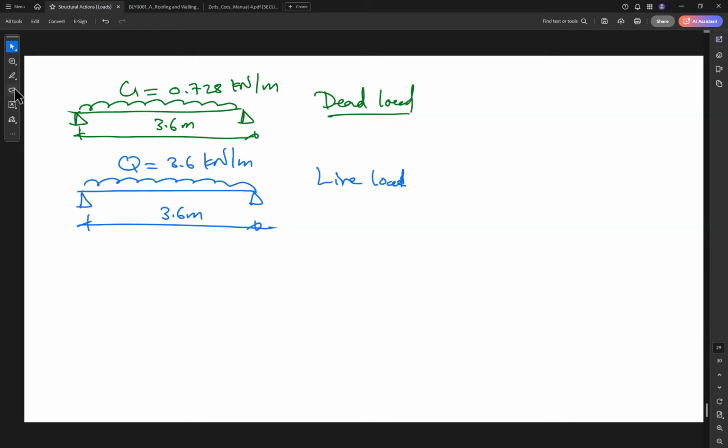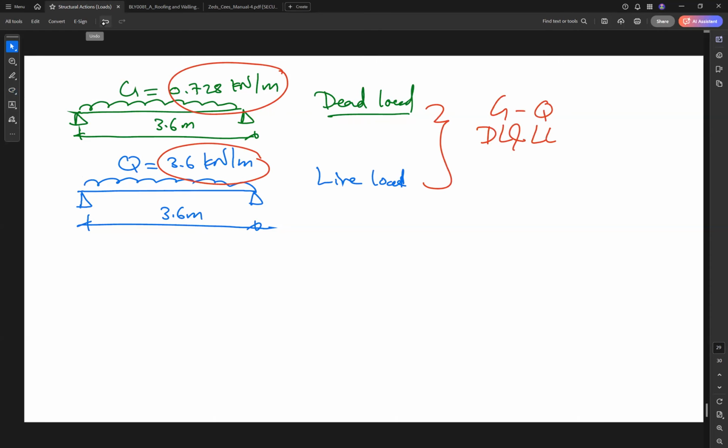Okay, so now as you can see, we got the two loads in kilonewton per meter. So can we add them together? Can we now make any combination or any addition to dead load and live load, G and Q? Yeah, they have the same unit, so you can add them together. So that's why we need to find the loads in kilonewton per meter for beam.